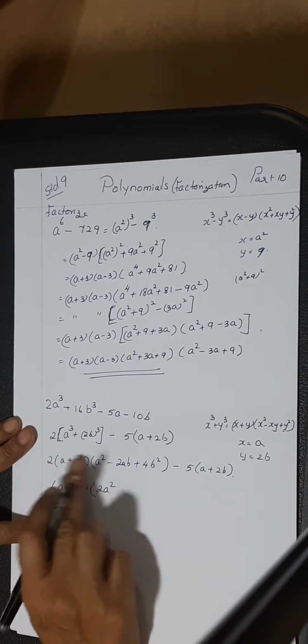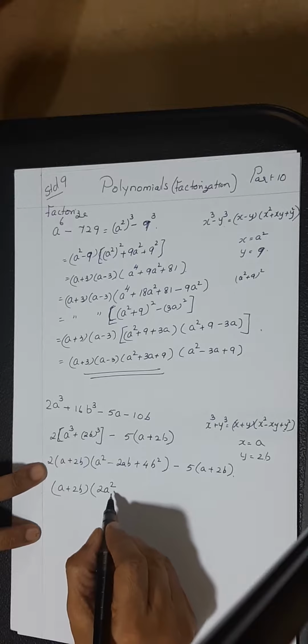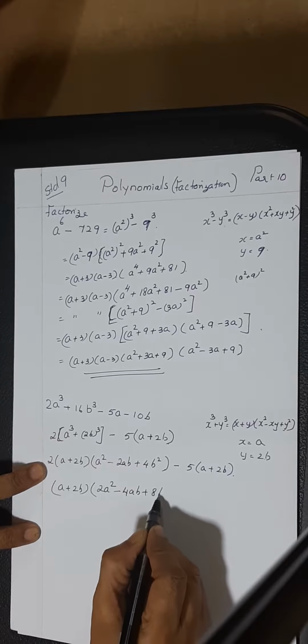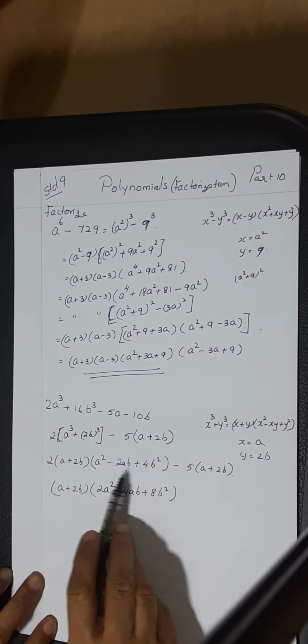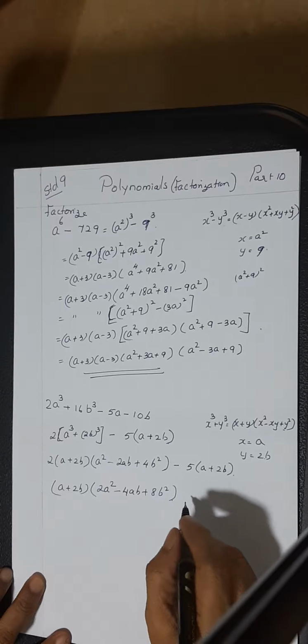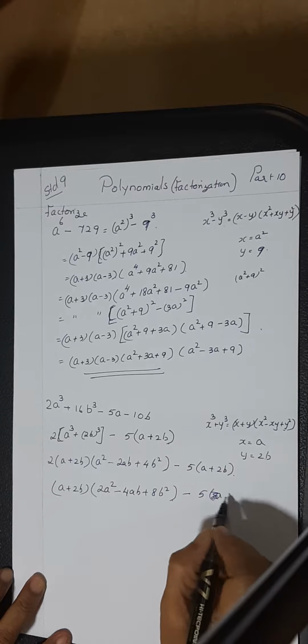This I am multiplying 2, I am taking the 2 inside. So this becomes 2a squared minus 4ab plus 8b squared, minus 5.